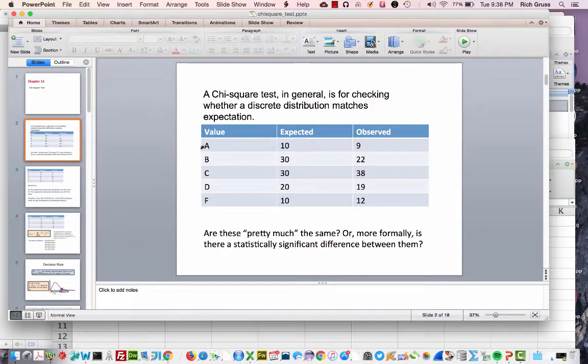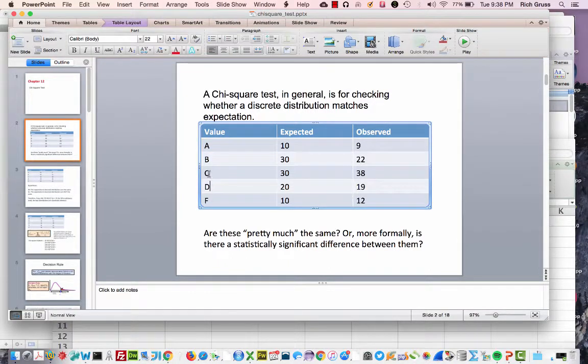The example might be a set of grades, A, B, C, D, and F, and at the beginning of the term, I decide the number of A's and B's and so forth that I would expect. And then at the end of the term, I put down the number that I actually saw.